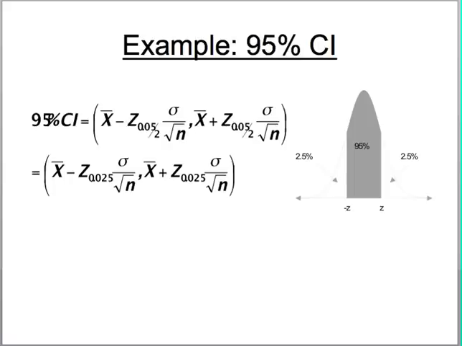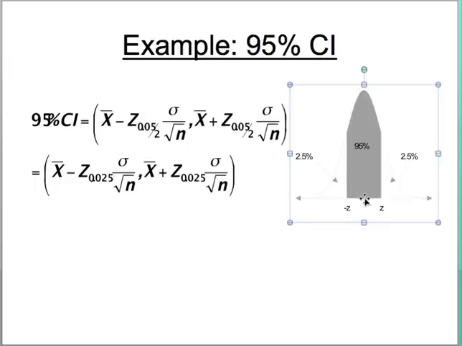Now, let's suppose we're looking for the 95% confidence interval. If I draw my normal distribution, you will see it here. I have 95% distributed in the middle, and my mu would be right in the center there. The normal distribution is symmetrical about the mean.